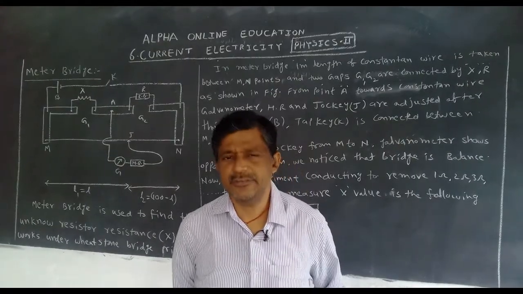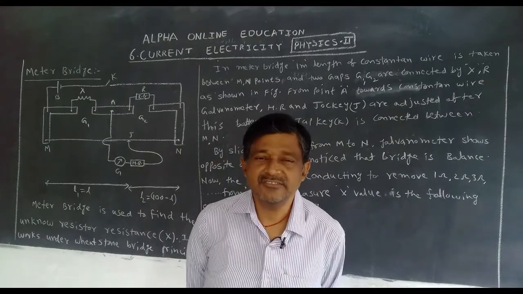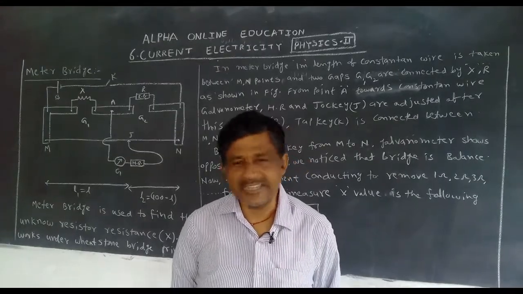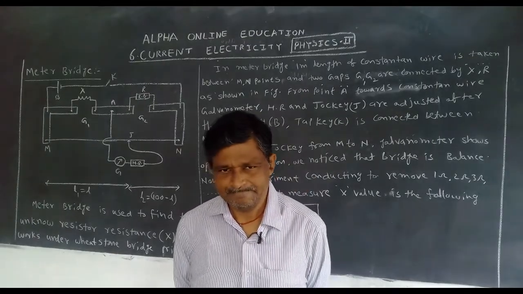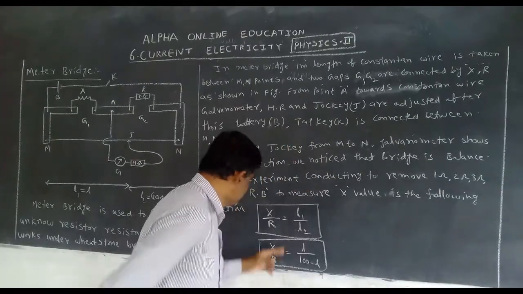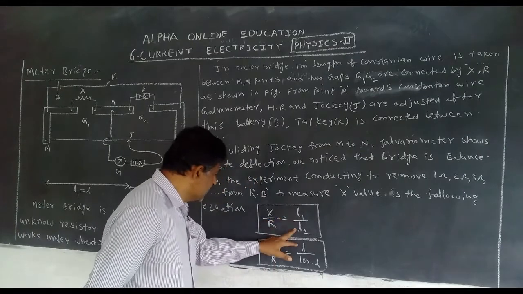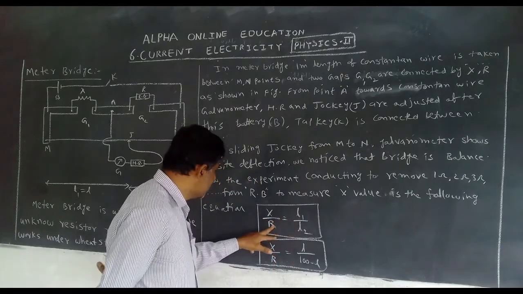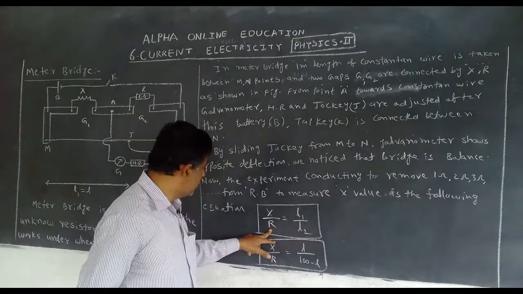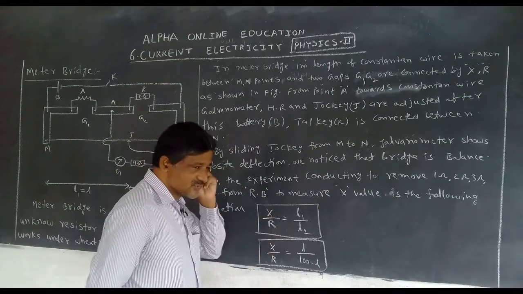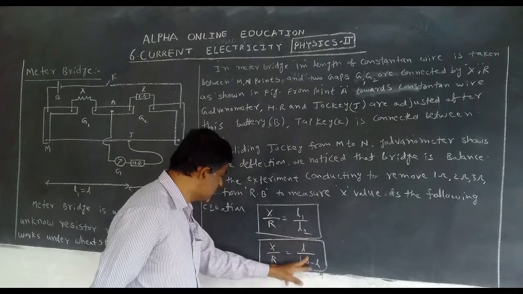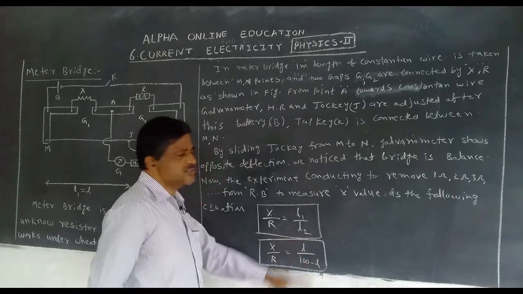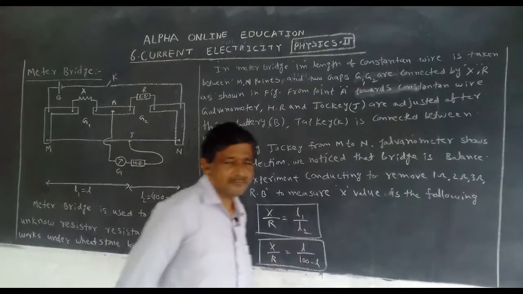From that point to the first end of the wire is called the balancing length. You take that as L1 or L. Substitute L1 here, L2 here. Already we know 1 ohm. We get the answer X. L1 is also called L, L2 is called 100 minus L. Substitute, we get the answer.